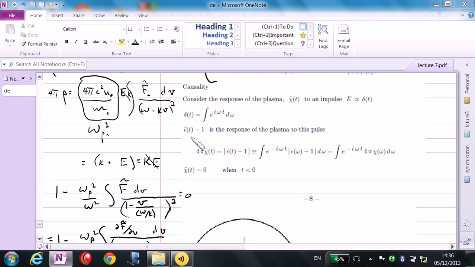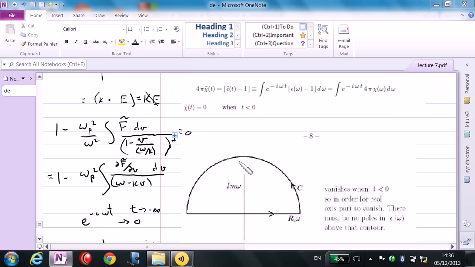And this is the response of the plasma to a pulse. Now the epsilon of t minus t prime has to be 0 by causality when t is less than 0. In other words, before the pulse actually happens, you're not allowed to have any response. Which means the epsilon of t minus t prime, when t is negative, has to be 0.